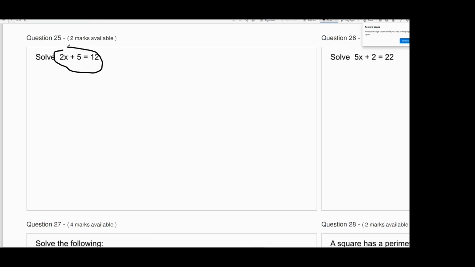2x plus 5 equals 12. So there's actually two steps to this, okay? The first thing you'd have to do would be to take this 5 over to the other side. So what will that plus 5 become when I take it over the equal sign?